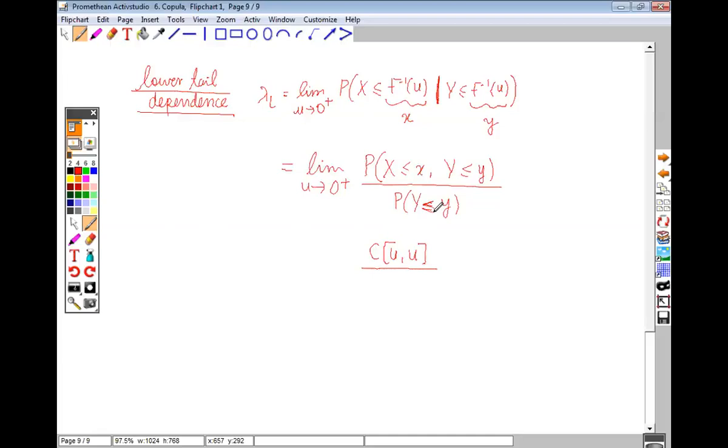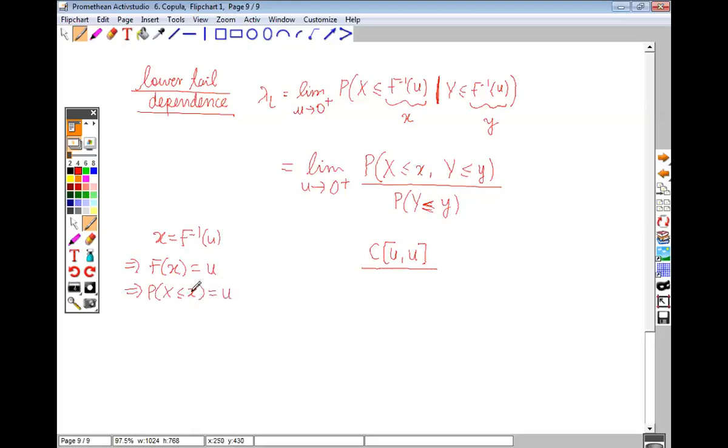So again, what I was telling you guys is that when I replaced this, what I meant was that my x is nothing but f inverse of u. So this implies that my f of x is nothing but u, which again implies that the probability that I observe x less than or equal to this small x is just u, right?